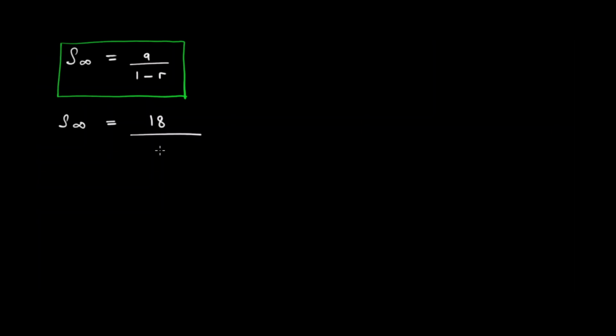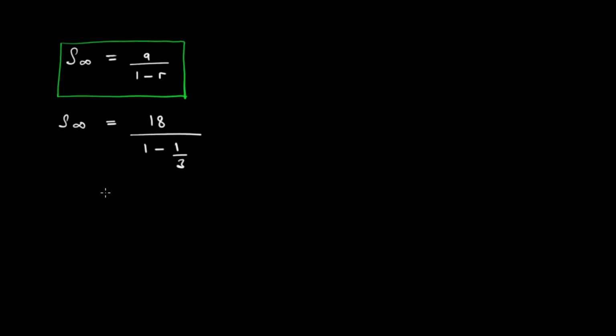So the sum to infinity, we know it's equal to A over 1 minus R. Let us bracket this formula because it's important. So we are going to apply this formula.